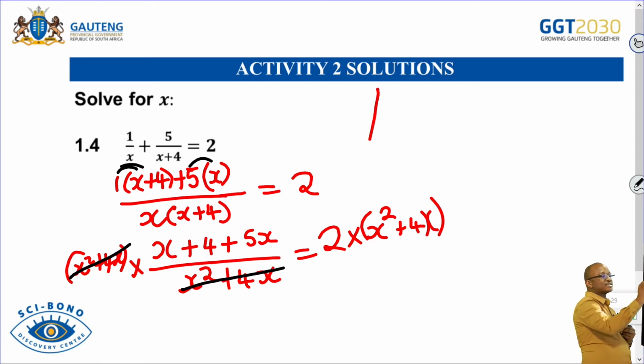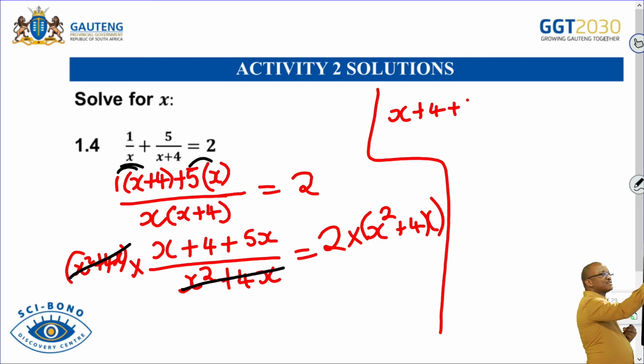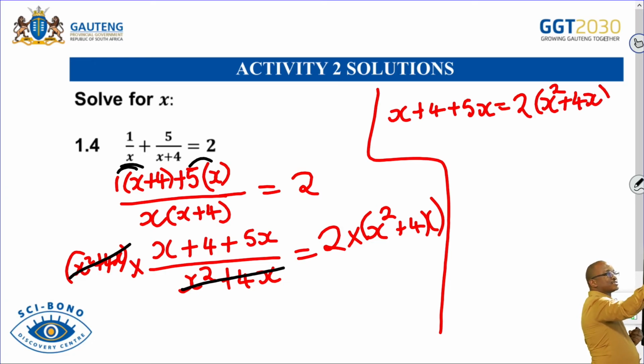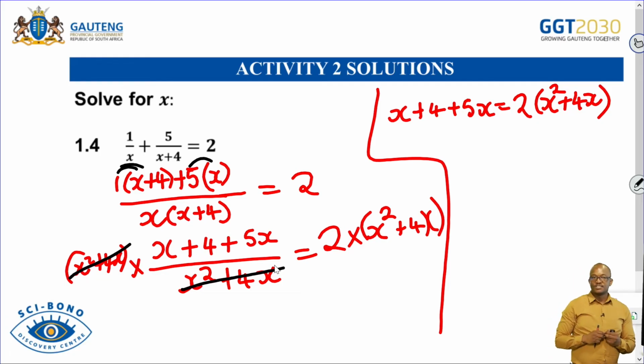You see how it works? Then it means now I will only have x plus 4 plus 5x is equal to 2 into x squared plus 4x. We have removed our fractions. It was as easy as A, B, and C.